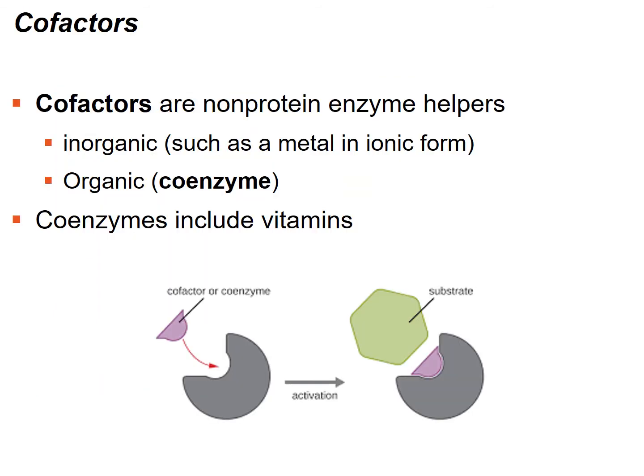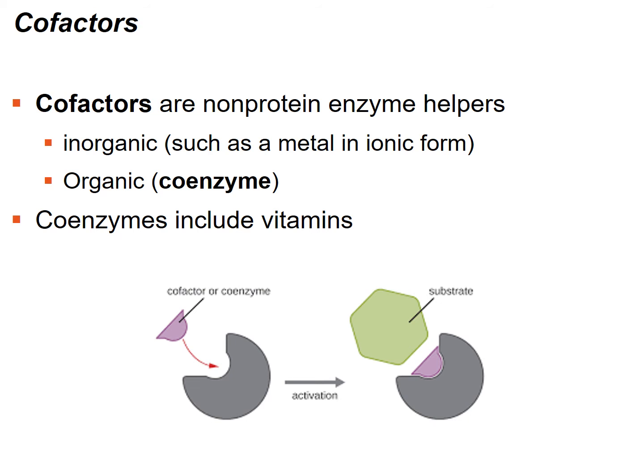Now, like I mentioned, some chemicals, whether they're there or not, could affect the activity of the enzyme. Cofactors are actually not proteins, and they're different types of molecules. There could be an organic molecule or inorganic. When they're inorganic, it's usually a metal ion. It could be magnesium, it could be iron.